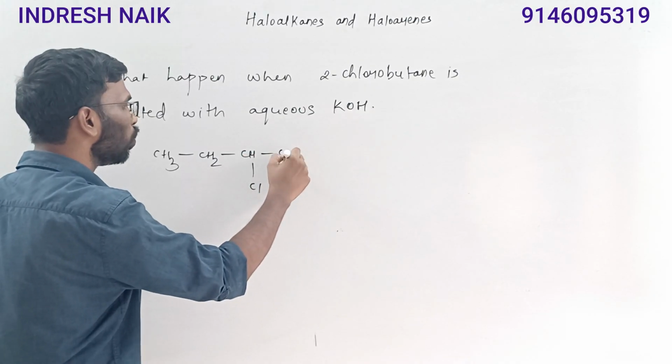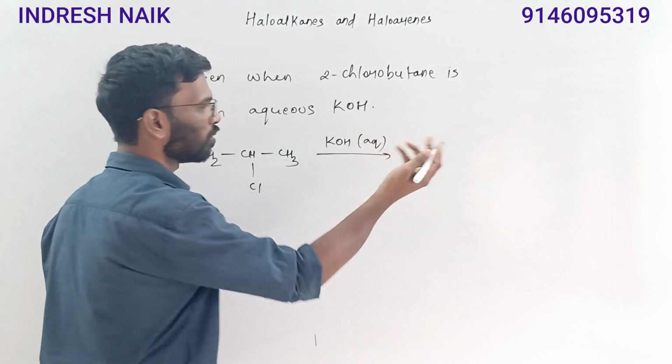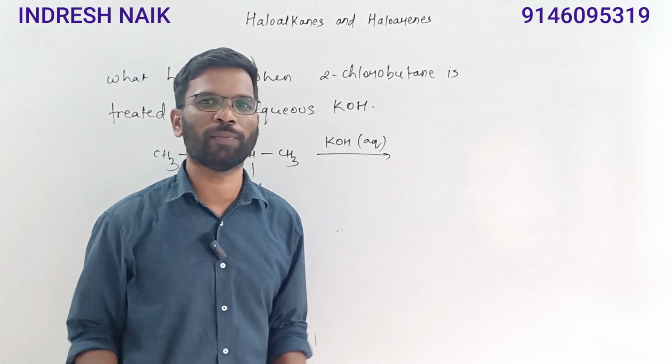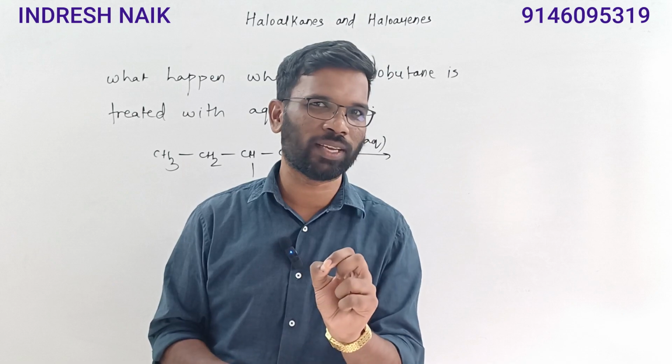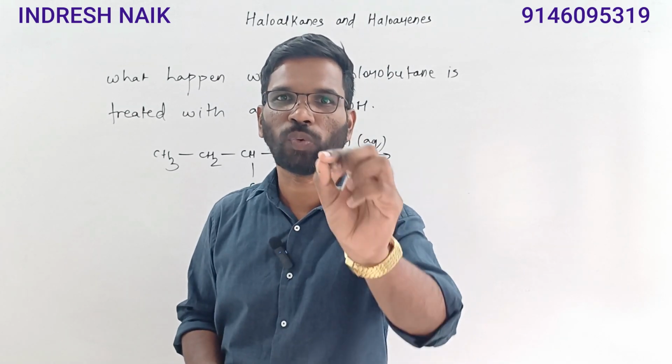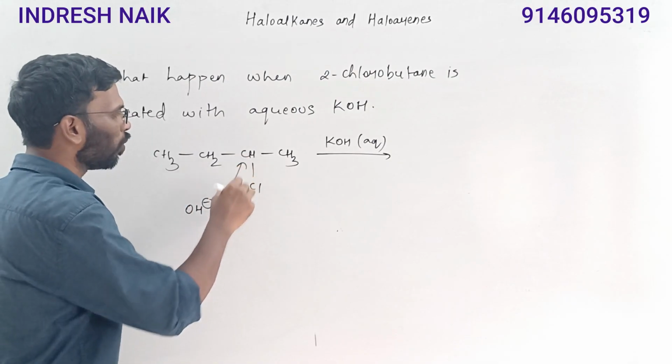This is 2-chlorobutane. You have taken KOH, and it is aqueous. Many students make a mistake. KOH means elimination, because in NCERT it is given as KOH with alcoholic in brackets. Aqueous KOH will lead to a substitution reaction, meaning OH minus will attack on this.